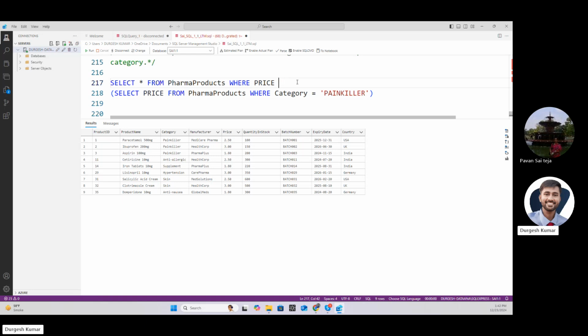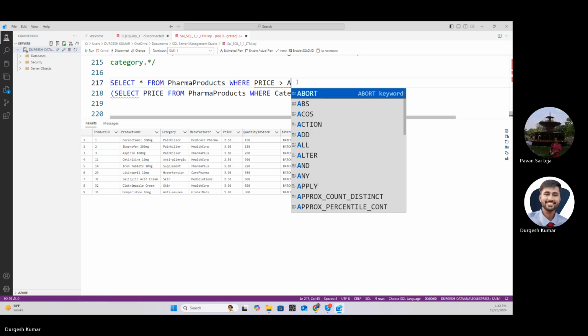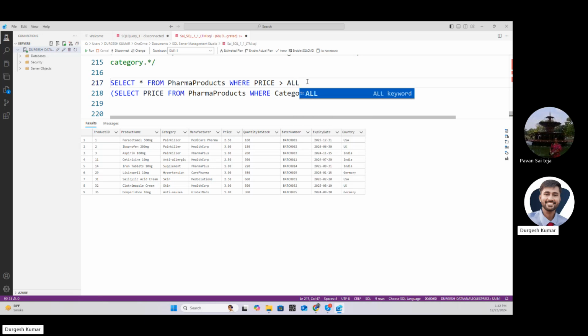Look, we don't have an option saying greater than something. So what we'll do is write greater than all. How does this function work? It will check all the items in this list, and it will compare each row of this particular table, and it will print only wherever the record price is greater than each of the prices in this list.